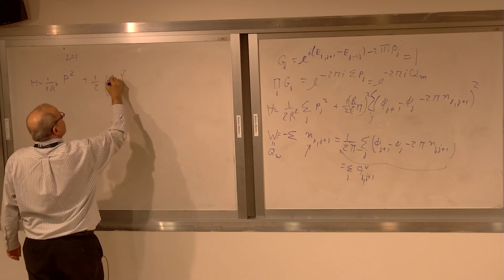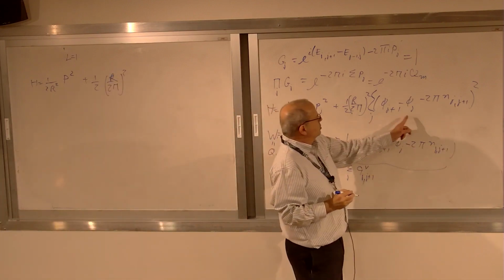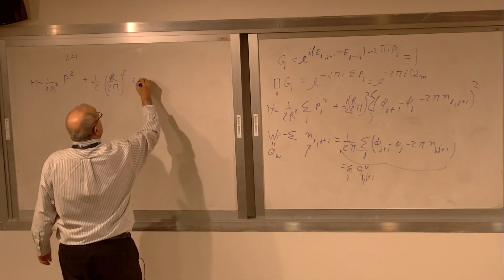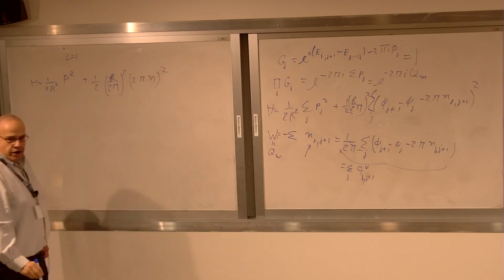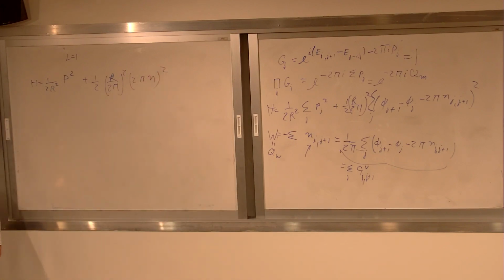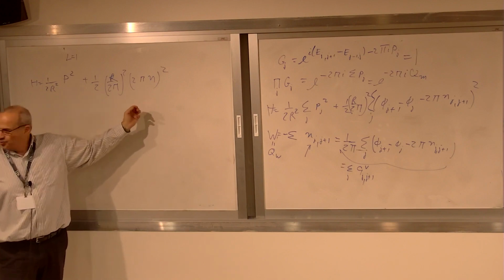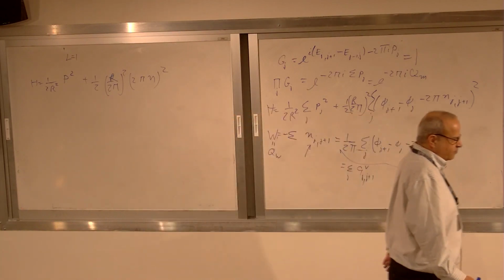That's my r, and I don't need to write the sum. There's only one site, so these two guys cancel, and I get here 2 pi n. There's only one n because there's only one link, and you immediately recognize the formula for momentum squared plus winding squared that we had in the first lecture. So that shows that we are on firm footing.